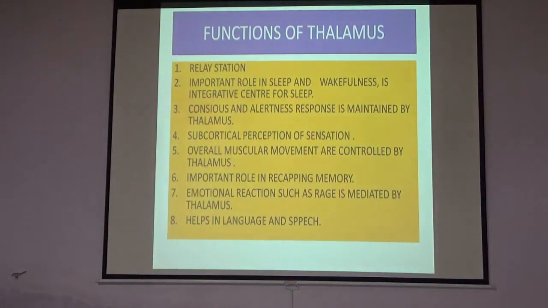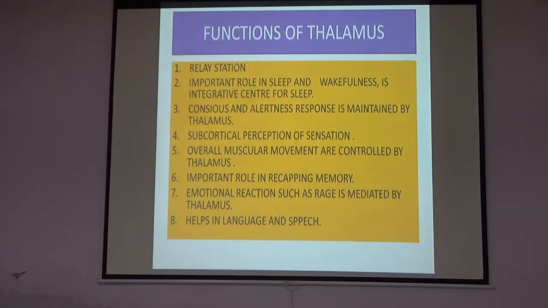Then comes a very important question from the examination point of view. You can get short notes, or you can even be asked to describe the various thalamic nuclei, name them, draw a well-labeled diagram, and then describe the functions of the thalamus. This can come as a whole one long question, or you can just get the functions of the thalamus as short notes.